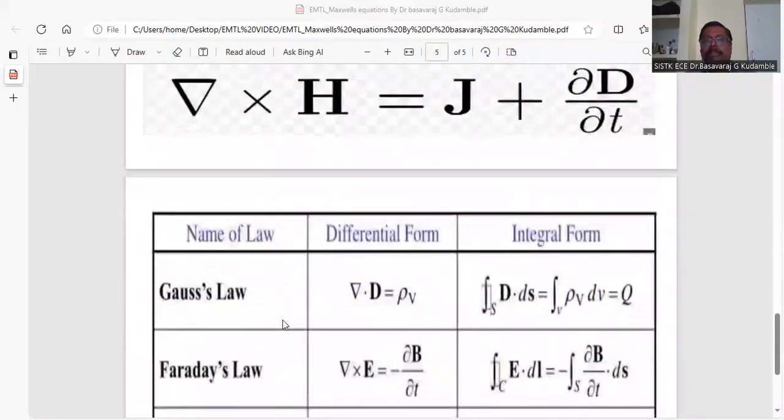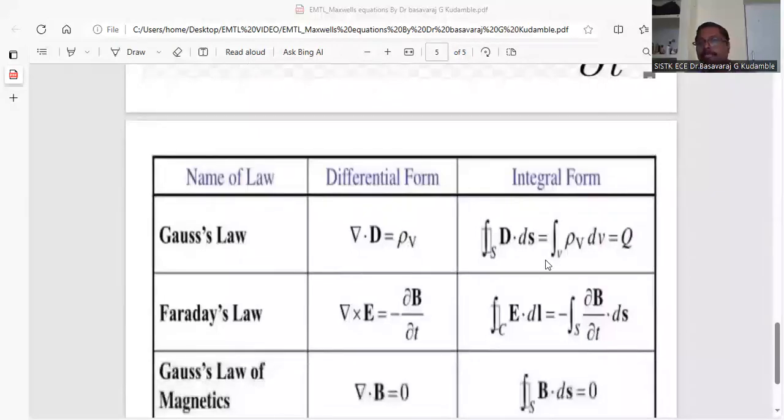We represent the same equations once again in differential form as well as in integral form. The first Maxwell's equation, Gauss's law: del dot D equal to rho v, the volume charge density. This means that the divergence of D, the electric flux density, over a closed path is equal to the total charge enclosed in that closed path.